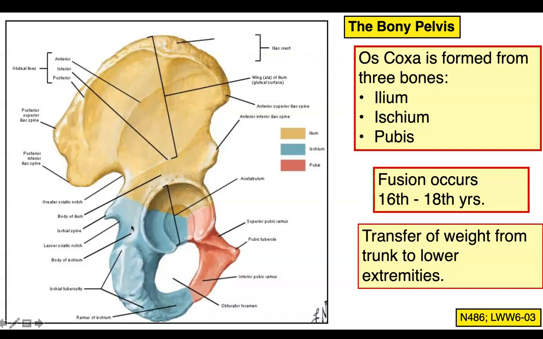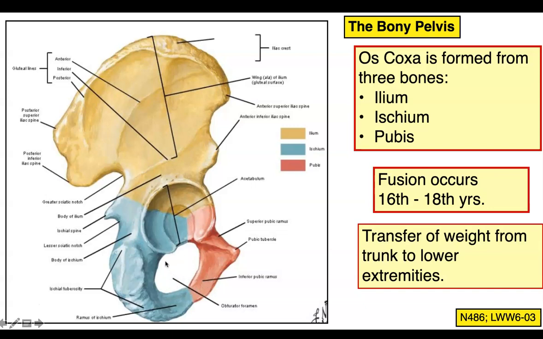And the ischium is the posterior inferior part of the hip bone. The ischium has a body. It has a rough, elongated, large bony prominence on its posterior inferior aspect, that is called the ischial tuberosity. And it has a ramus. The ramus of the ischium joins with the inferior ramus of the pubis, and that forms the anterior-inferior boundary of the obturator foramen.